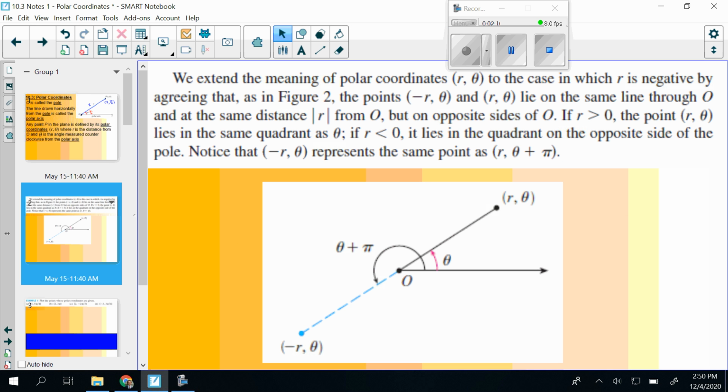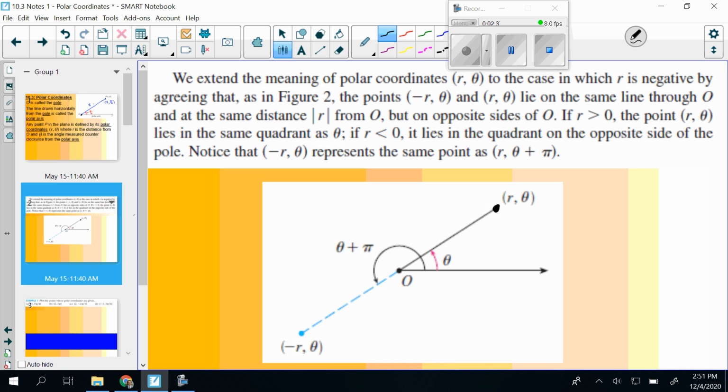We extend this meaning of polar coordinates in the case where r is negative. Anytime that r is negative, the point lies on the same line through that same pole at a distance of the absolute value of r, but in the opposite direction. So here we have this point up here, r theta.